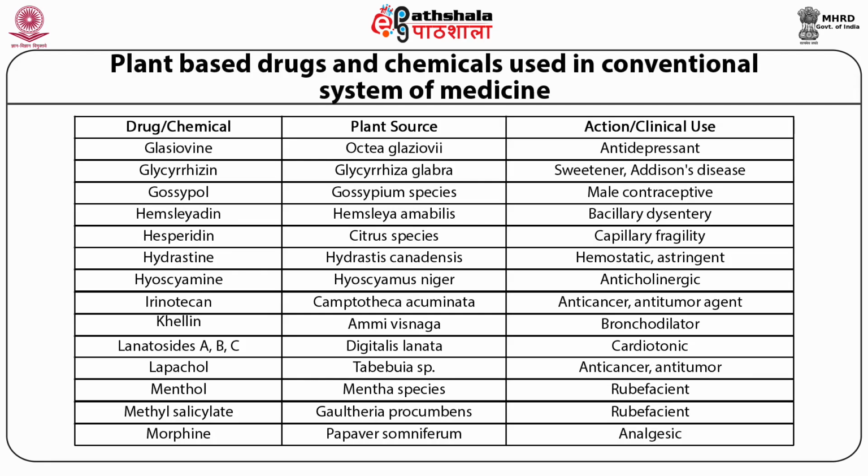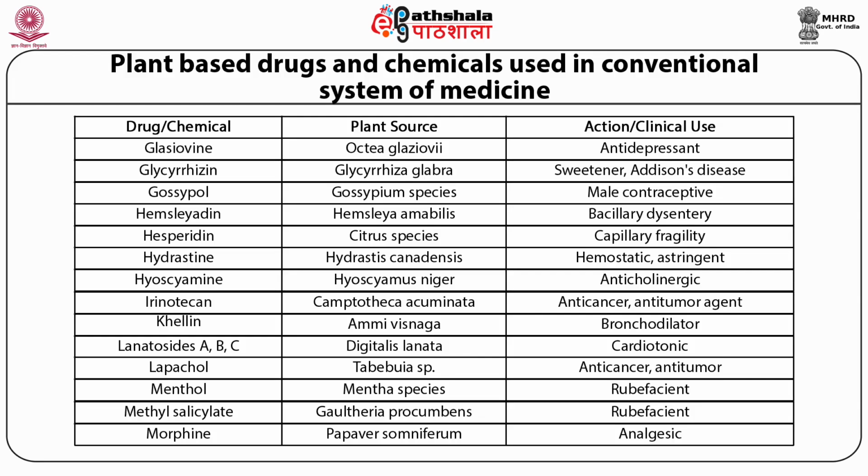We continue with those plant-based drugs and chemicals used in conventional systems of medicine. Let us see this entry of glycyrrhizin obtained from Glycyrrhiza glabra. It is a well-known sweetener, and it has also several uses in other diseases.